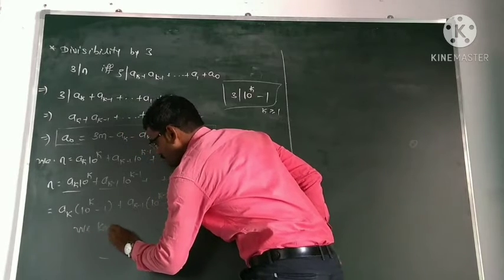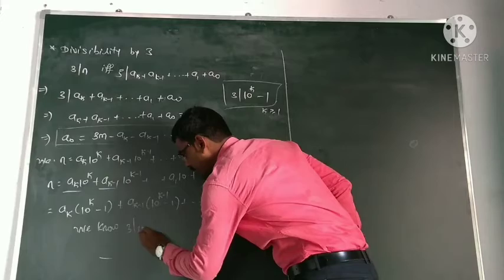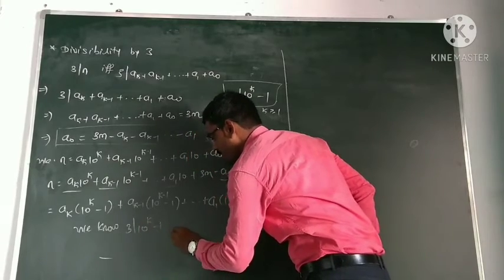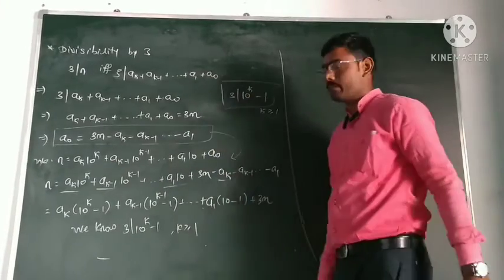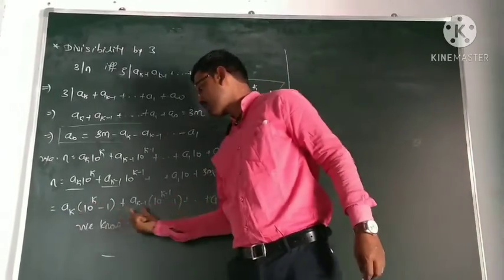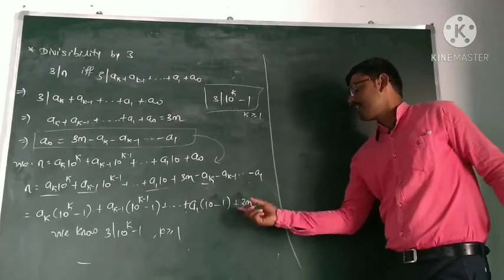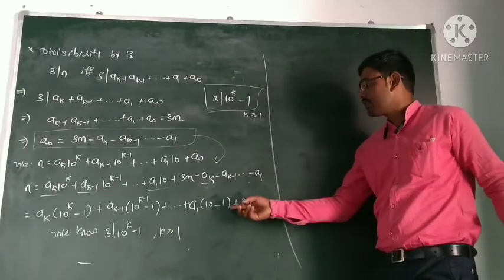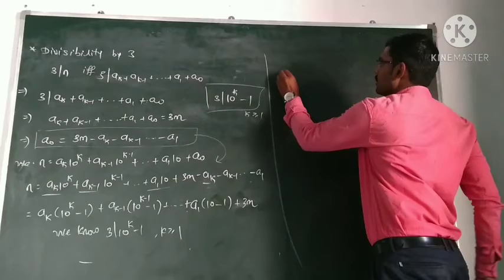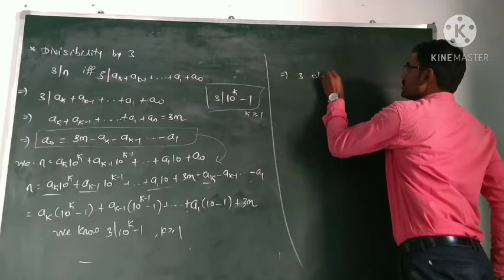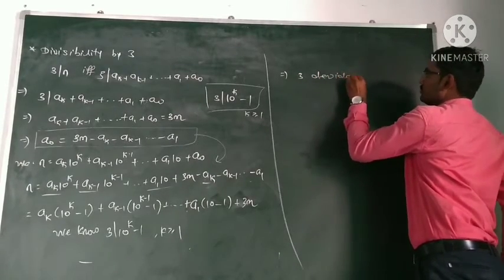So the rule is we know that 3 always divides 10 raised to power k minus 1 for all k greater than or equal to 1. 3 divides this term, 3 divides this term, 3 divides this term also, and also the last term is 3 times m, a multiple of 3. So 3 divides each term. Okay.